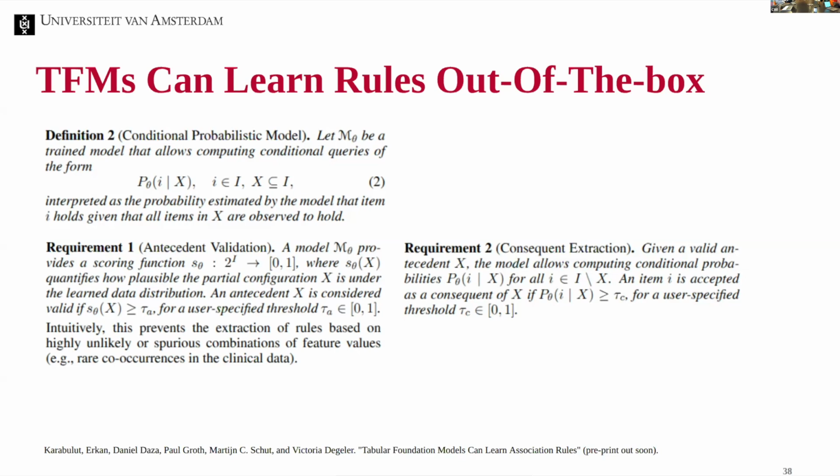And if it also allows you to extract consequents, meaning that once you have this conditional structure, conditioning certain features on others, based on a thresholding of the scoring function, then you can apply our methods to any such models. So this is generalizing to other models.